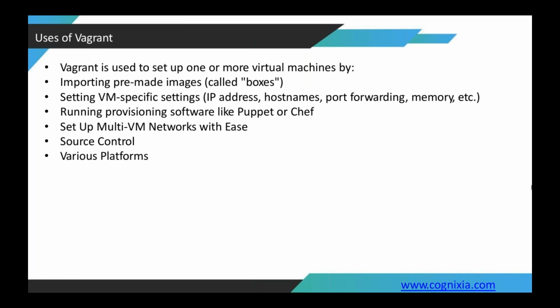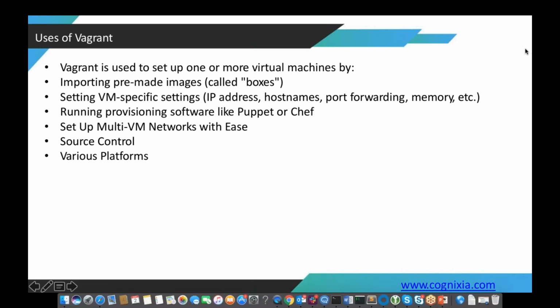Most of these things are pretty much understood: we are going to have different IP addresses, host names through which we can resolve to IP addresses, and the memory that we can allocate to the virtual machine. Another important thing to understand is the port forwarding. So what's port forwarding?